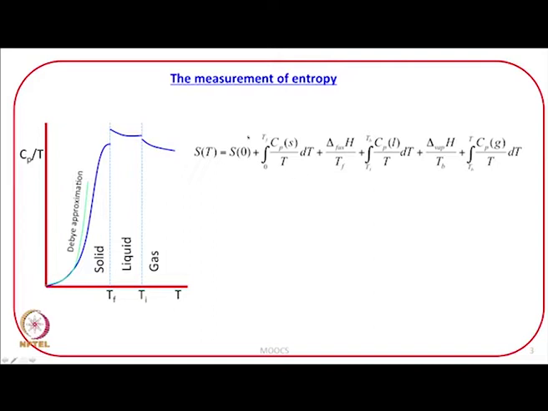And the integral can be solved if you look at this Tf and Tb, you plot Cp by T against T and area under the curve within the limits Tf to Tb, that will be the value of the integral. This is to be read as Tb.